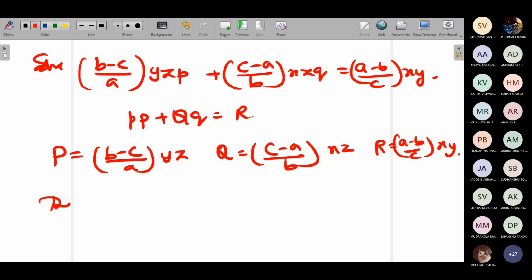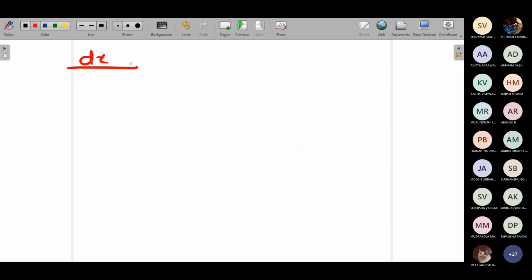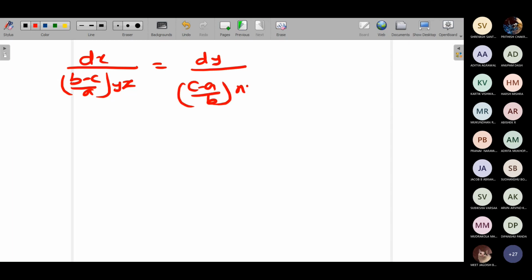So therefore the subsidiary equations are, I'll write it on the next page: dx divided by (b minus c) by a into yz is equal to dy by (c minus a) by b into xz is equal to dz divided by (a minus b) by c into xy.